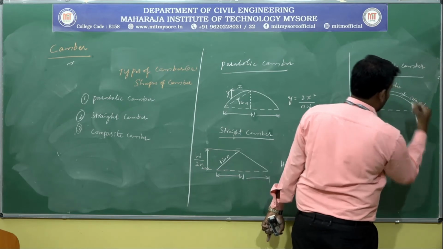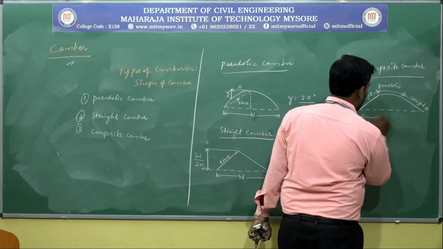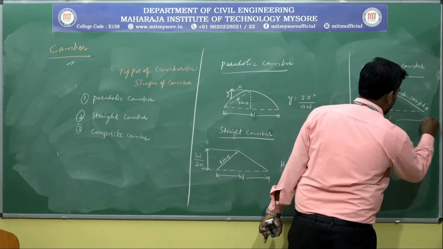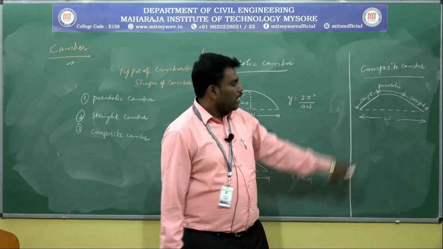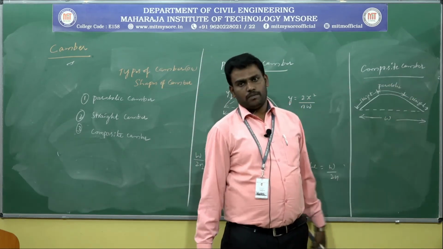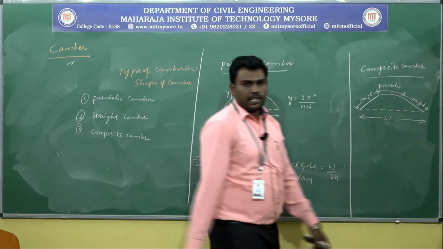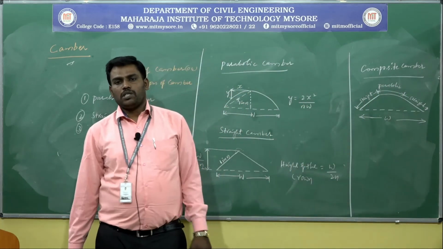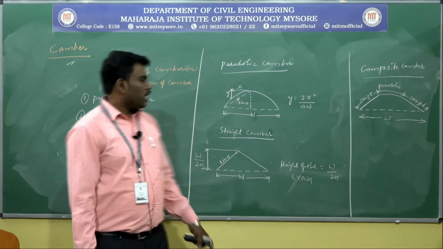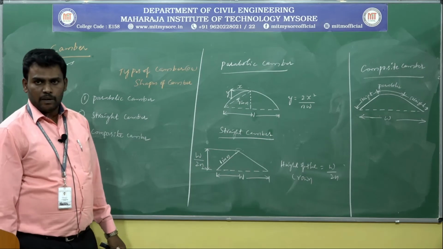Okay, this is the composite camber. This is W. It is a combination of straight camber and parabolic camber: straight followed by parabolic followed by straight. This is regarding types of camber or shapes of camber.